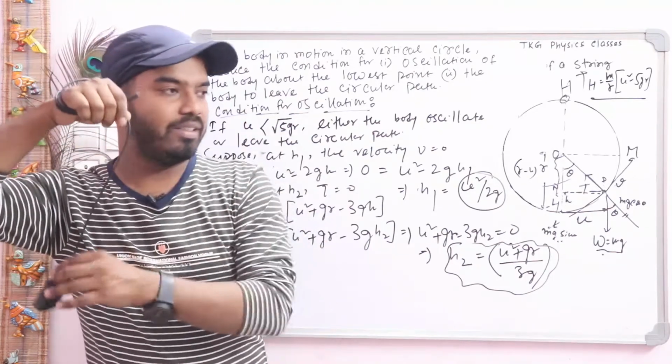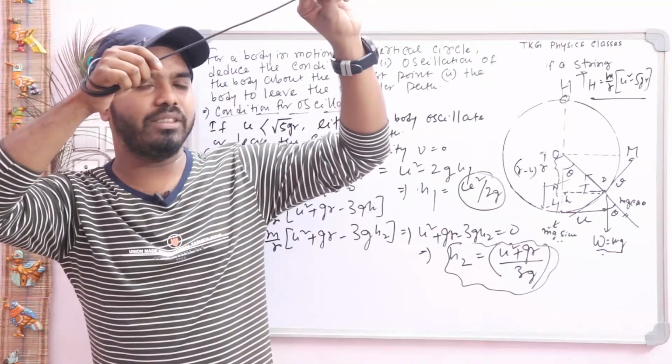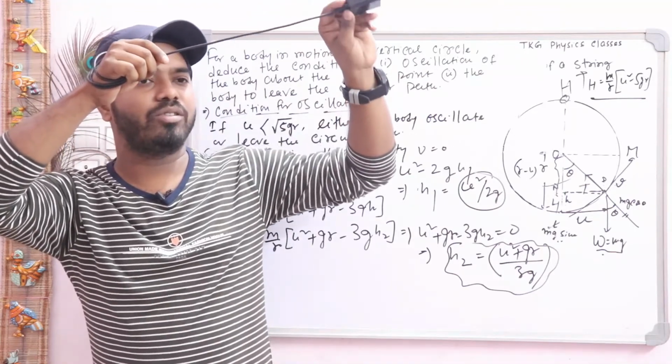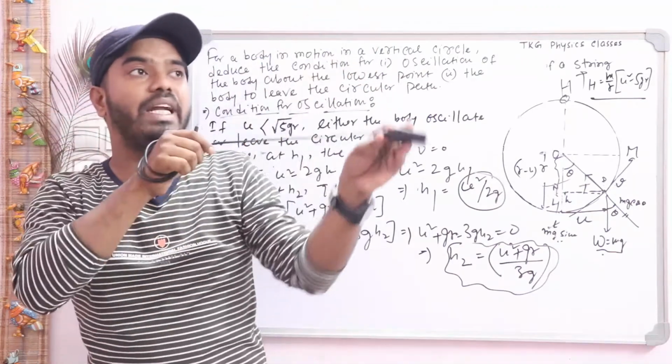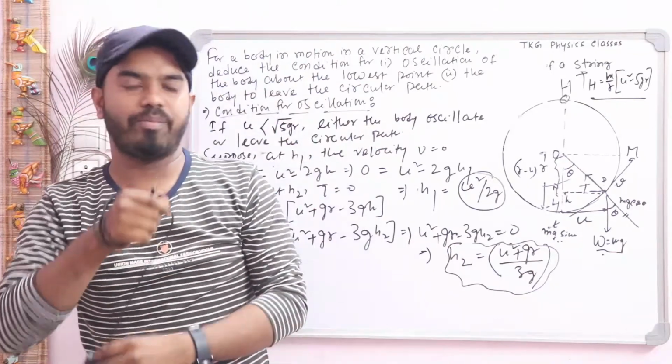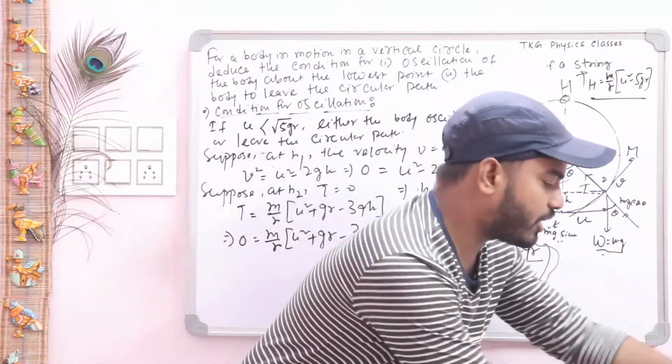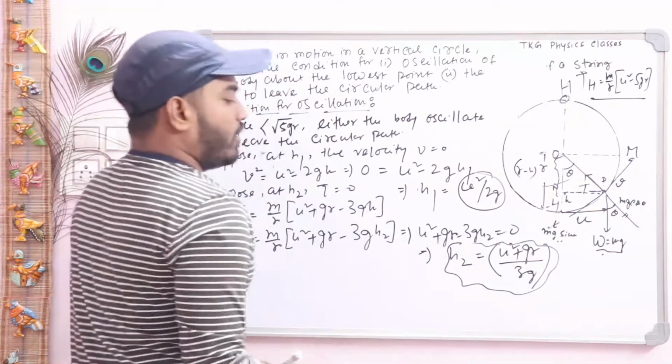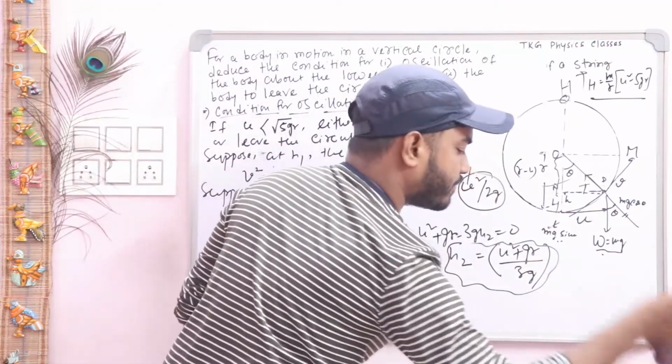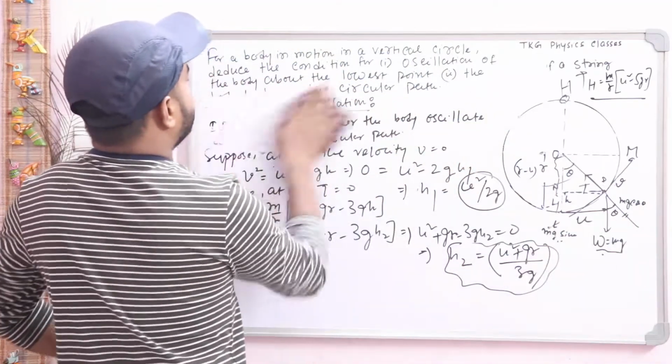You see, the body attains up to this point and here tension is 0, so the body goes this way, not completing this circle. Okay, so at first you write the condition. Write it.